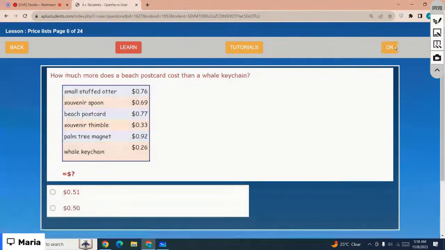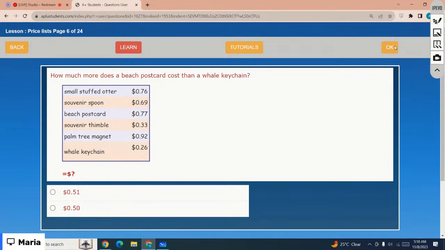How much more does a beach postcard cost than a whale keychain? The beach postcard is $0.77 and the whale keychain is $0.26.